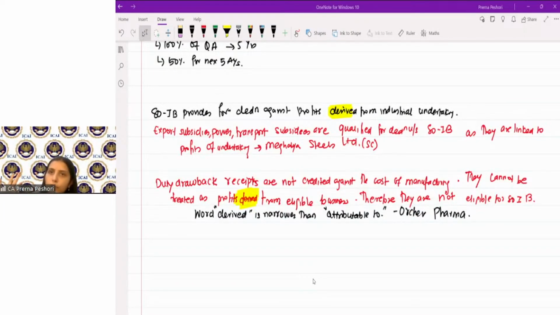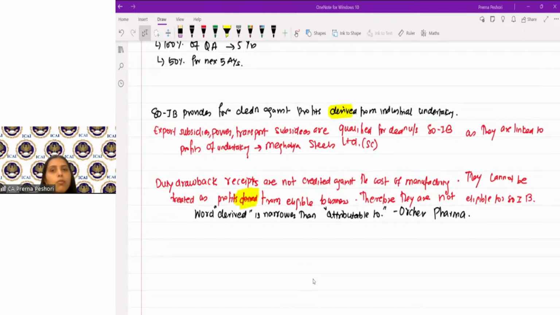Since there is no profit, 80IA becomes insignificant, and therefore Section 70 will come into picture, whereby the assessee will be entitled to set off the loss from one source against the income from another source under the same head of income. So the assessee was entitled to set off the eligible business loss against the profits of the non-eligible business. Once the set-off is allowed under Section 70, Section 80IA will not restrict it.